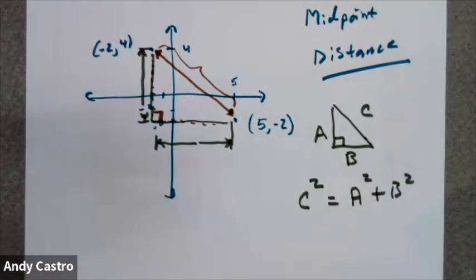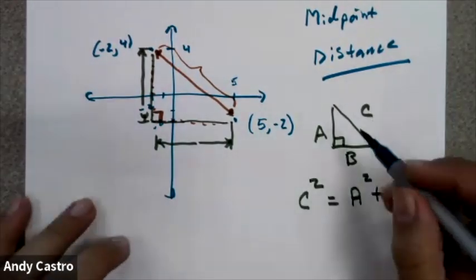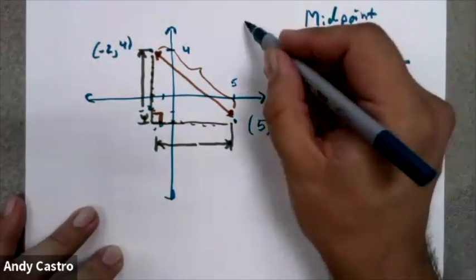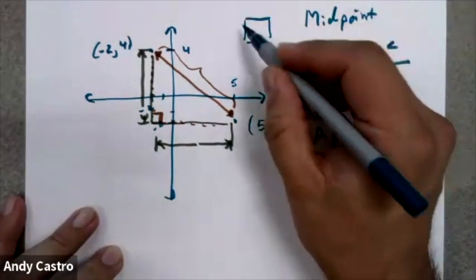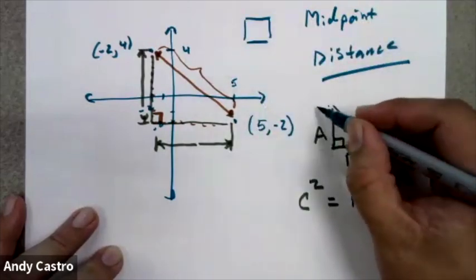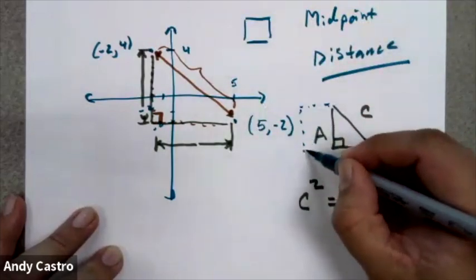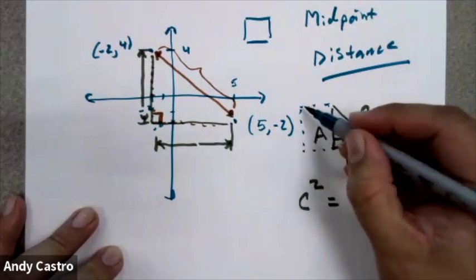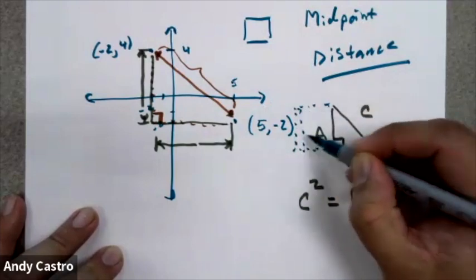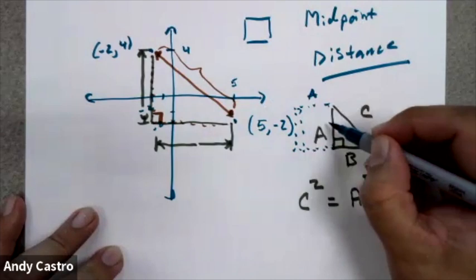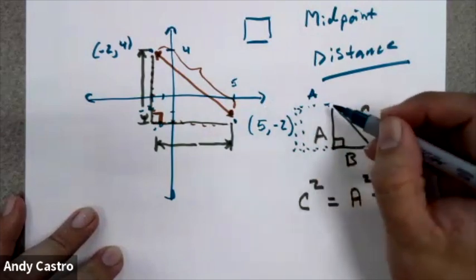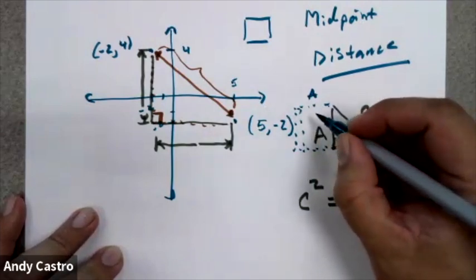Quite literally, where this comes from, in any square, obviously the length and the width are exactly the same, right? So if you were to draw a square here with A, that doesn't even look like a square, but kind of bear with me here. This would be A on this side, A on this side. So the area here would be A squared.